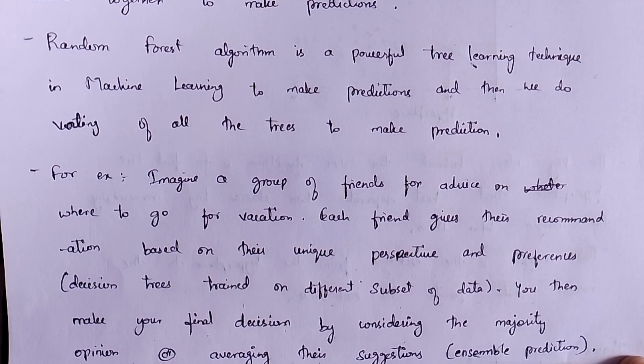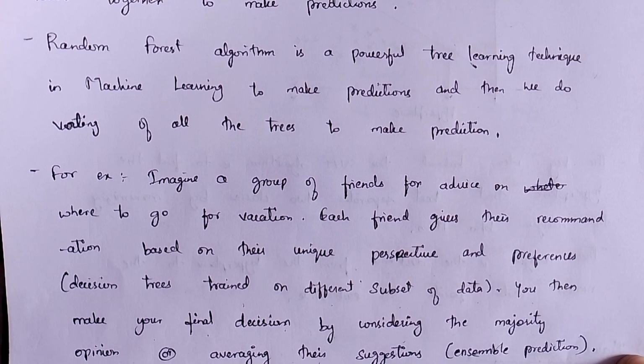If the majority of people decide on one place, you take that majority and decide that you will go to that place. Like that, in a random forest it will take the decisions of multiple decision trees.